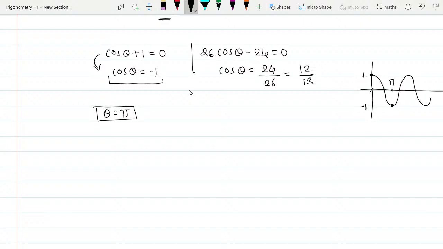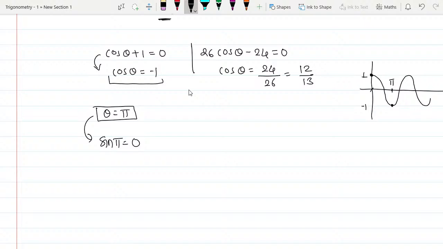But at this angle, do we have sin defined? Sin pi is nothing but 0. If this is the case, I cannot simply take cos theta equal to -1, because in this case the sin square and cos square are not satisfying.